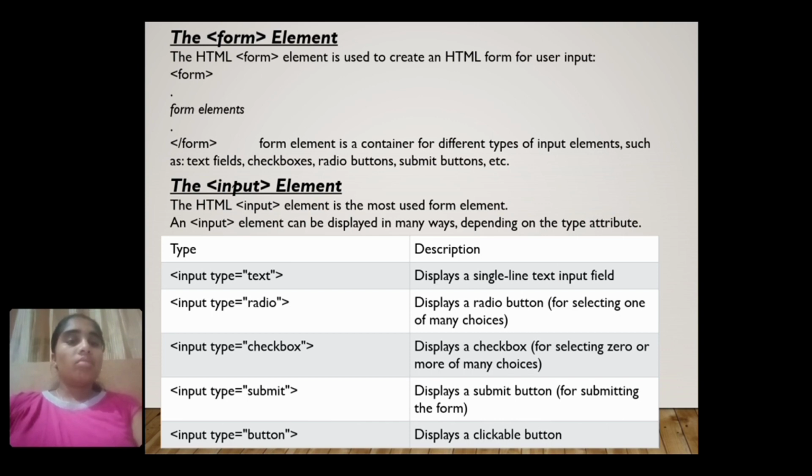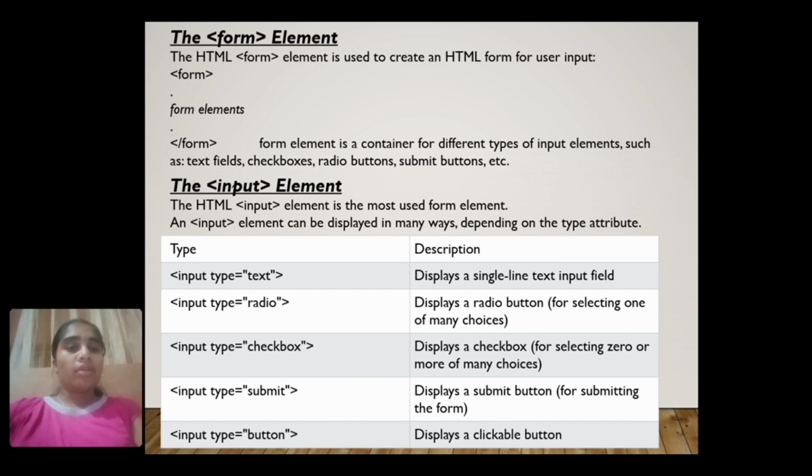The input element. The HTML input tag element is the most used form element. An input element can be displayed in many ways, depending on the type attribute. Input type equals text displays a single line text input field.